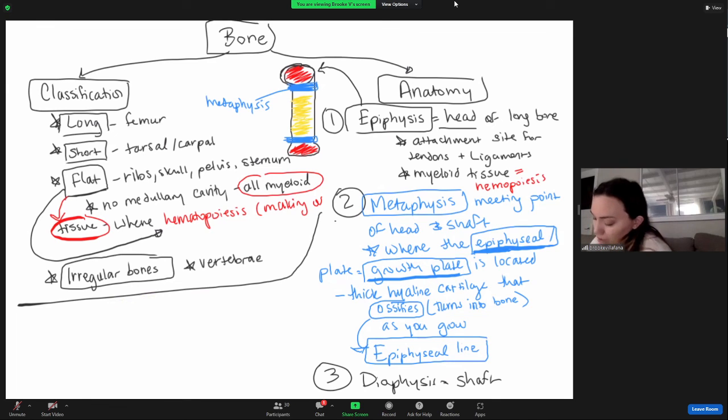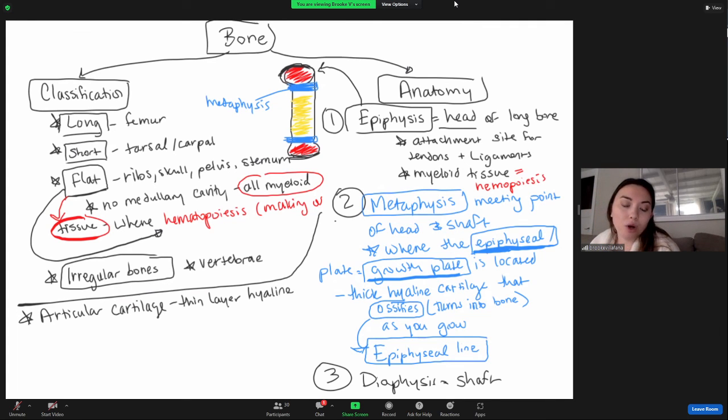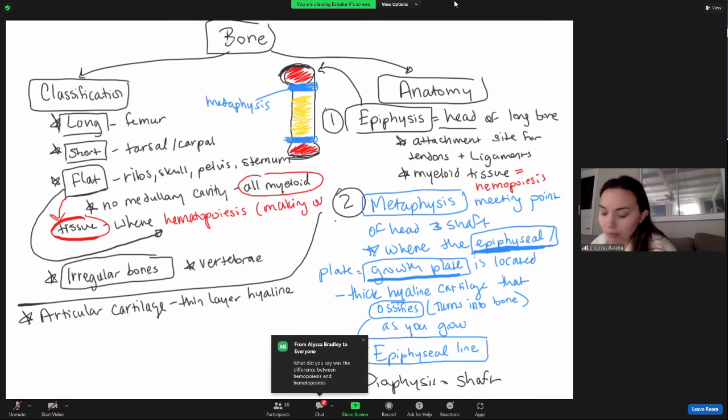This is another structure associated with the anatomy. I've already mentioned it to you before. Remember, the articular cartilage is a thin layer at the ends. It's a thin layer of hyaline cartilage. Remember how I said that if that wears away, what do you get? You get arthritis, right? So I've already mentioned that.